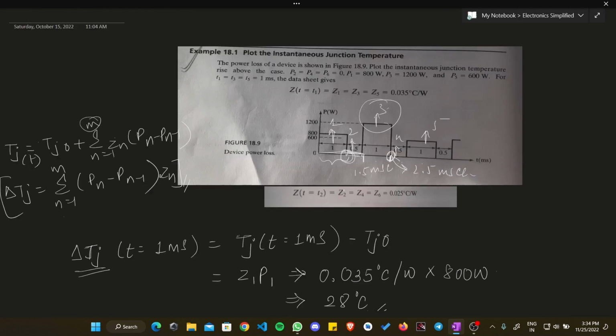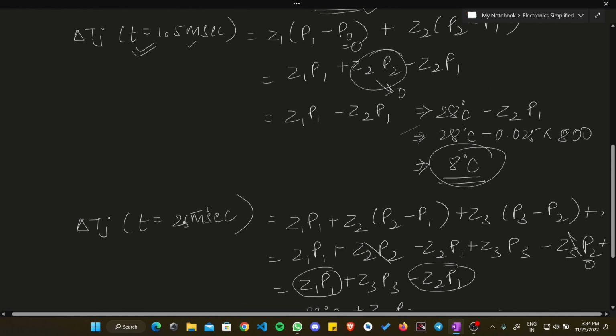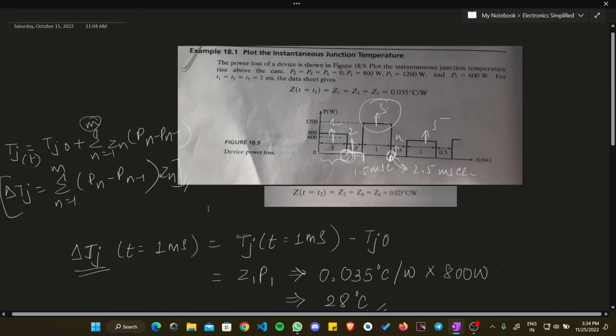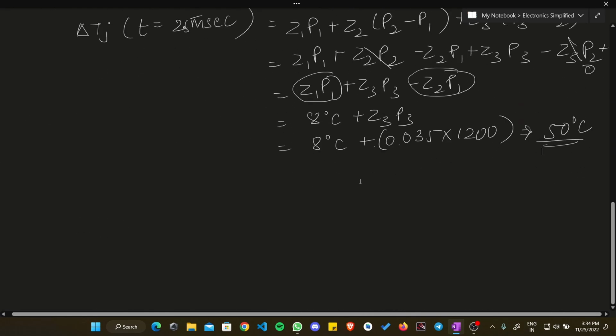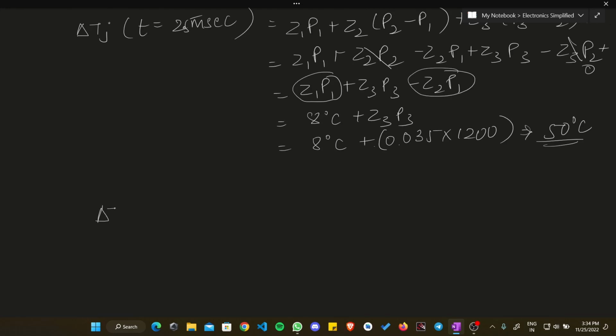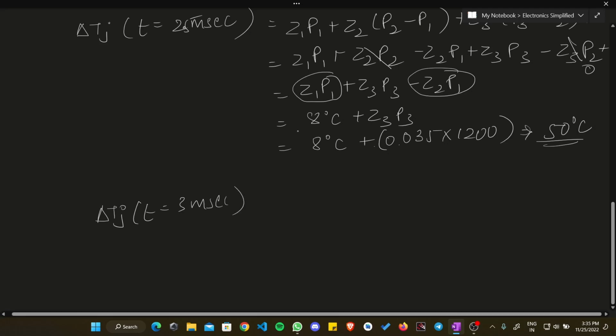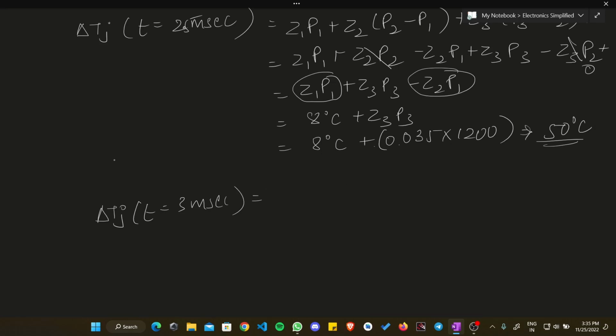Now similarly, what we have done for 1 millisecond, 1.5, 2.5, we will do for the rest of the points, that is for delta Tj at t equal to 3 millisecond. For 3 millisecond, it will be equivalent to the junction temperature at the end of the fourth pulse, right? So we will do the same thing. I am not doing it over here again, you can do it, and the answer you will get will be 20 degrees Celsius.